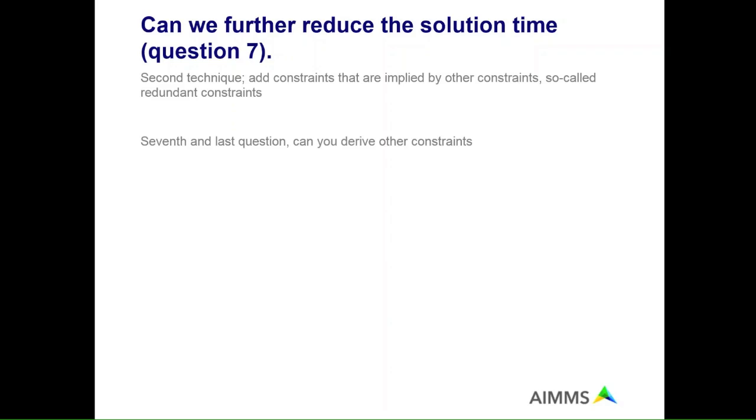So my seventh and last question is, which other constraints can you derive from the given formulation? I have a few choices, perhaps there are more, but these are mine.